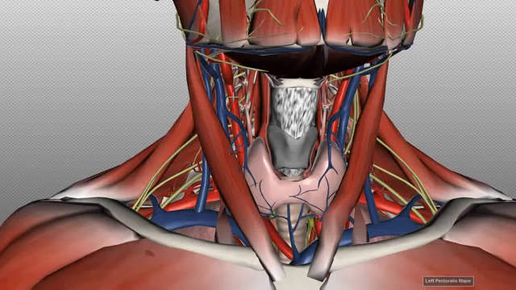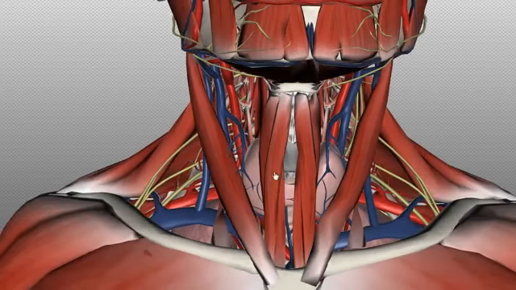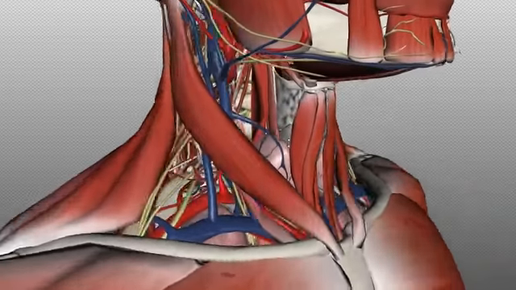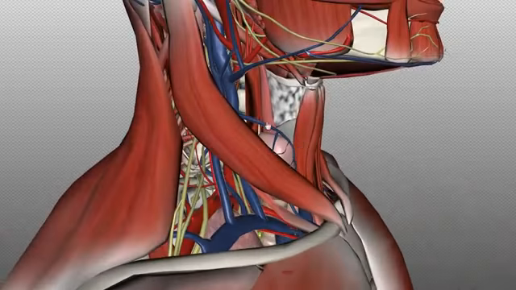You've got the common carotid and its branches, the external and internal carotid, and you've got the internal jugular vein running through the anterior triangle, and then you've also got nerves. For instance, the vagus nerve and recurrent laryngeal nerves run through the anterior triangle. So that's the anterior triangle. Just to recap, it's formed by the anterior border of the sternocleidomastoid, the inferior margin of the mandible, and the midline of the neck.